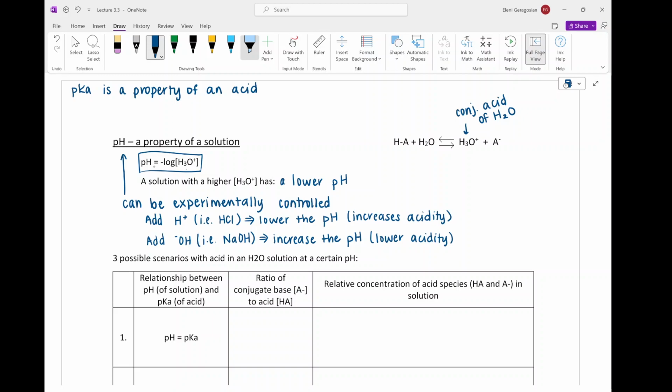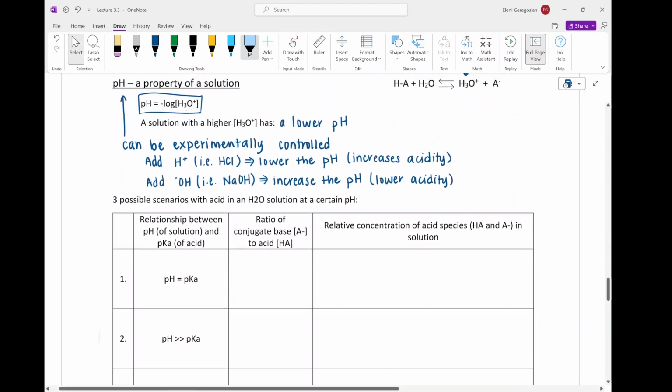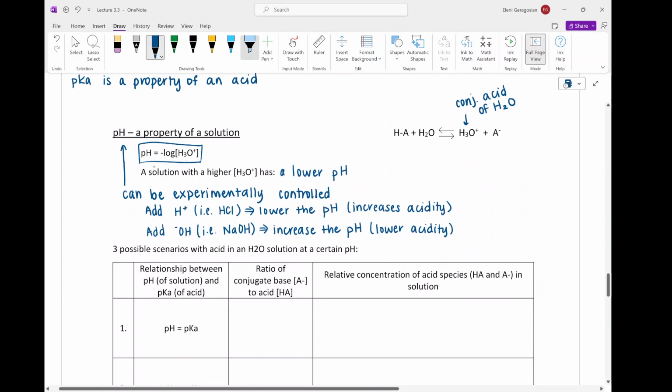So first, let's say that you are adding an acid with a pKa that is equal to the pH of the solution. So pH of the solution equals pKa of the acid.